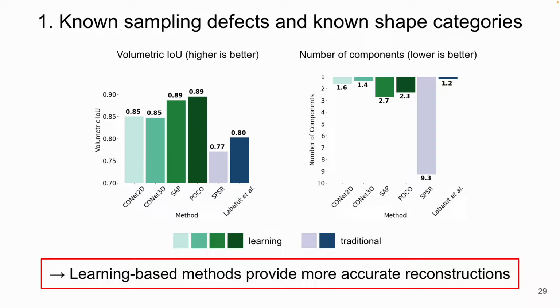So we only deal with single objects in this benchmark, so they all should have only one component. But some methods reconstruct multiple components, which of course is not practical if we want to further process the surface. But the takeaway message here is that in this in-distribution setting, learning-based methods can provide more accurate reconstructions compared to traditional methods.